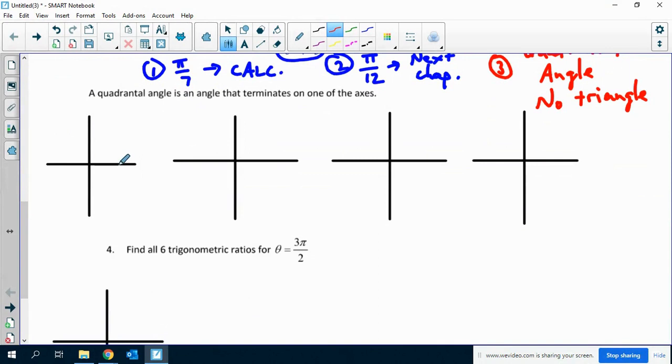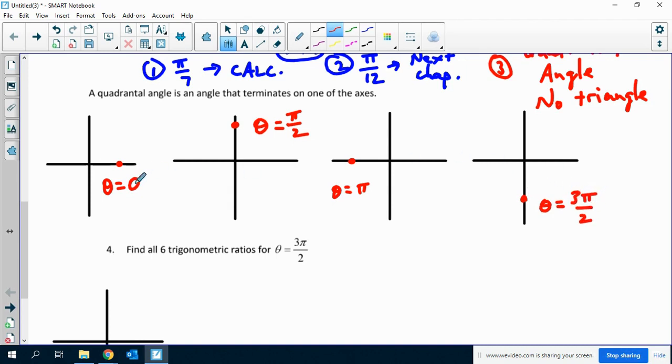We have 4 quadrantal angles that we just saw on that Desmos thing. We have a quadrantal angle when theta, or the angle, equals 0. We have one where the angle is pi over 2. We have one where the angle is pi. And we have one where the angle is 3 pi over 2.